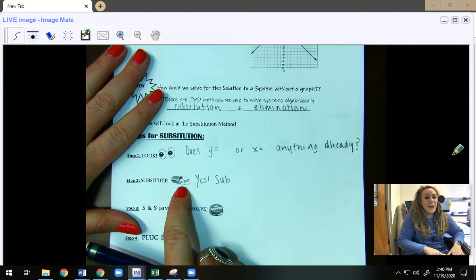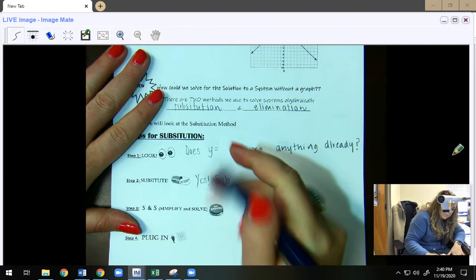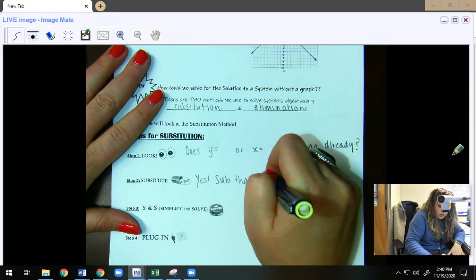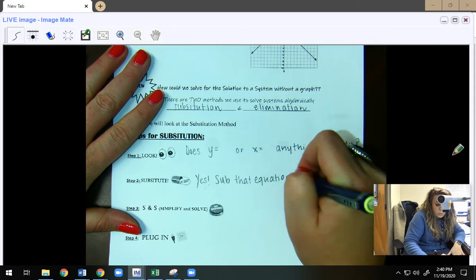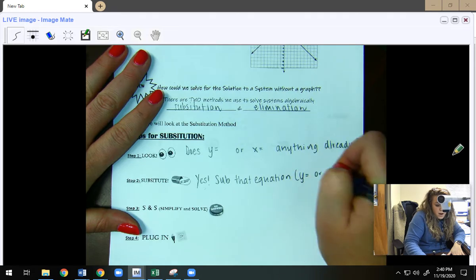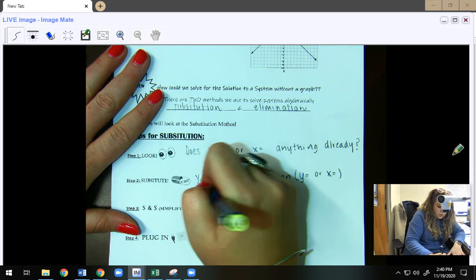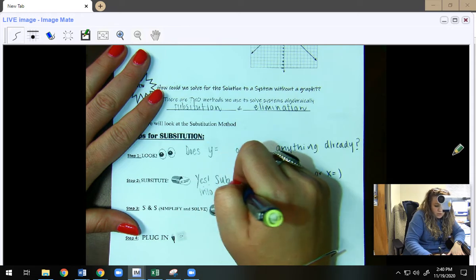Get it? Subway. So substitute the equation, the y equals or x equals, into the other equation.